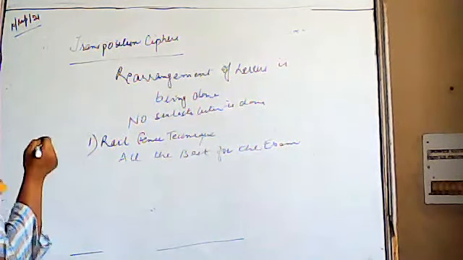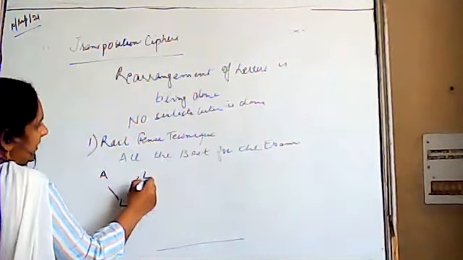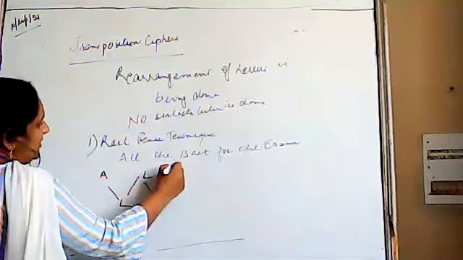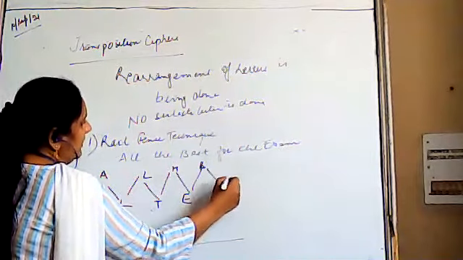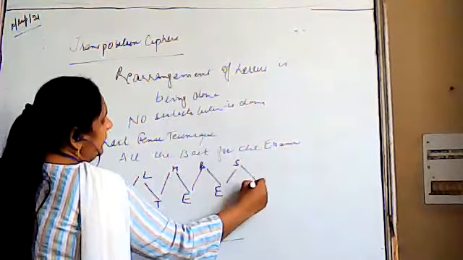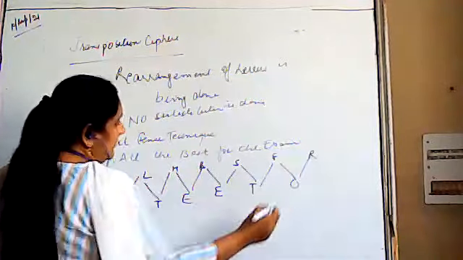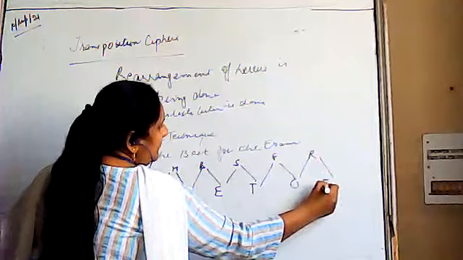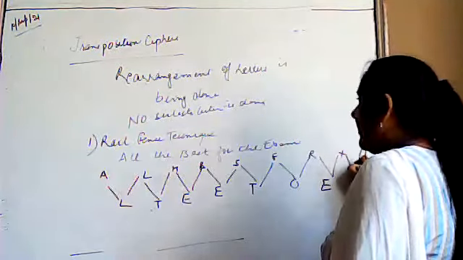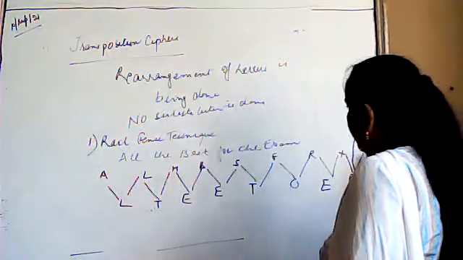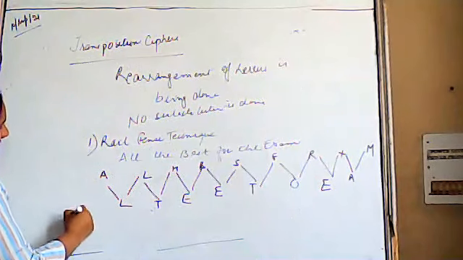So you will write this message diagonally: A, L, then write L, then T, then H, then E, then B, then E, then S, then T, then F, then O, then R, then you have E, then you have X, then you have A, then you have M. Fine. So you will write the text diagonally.